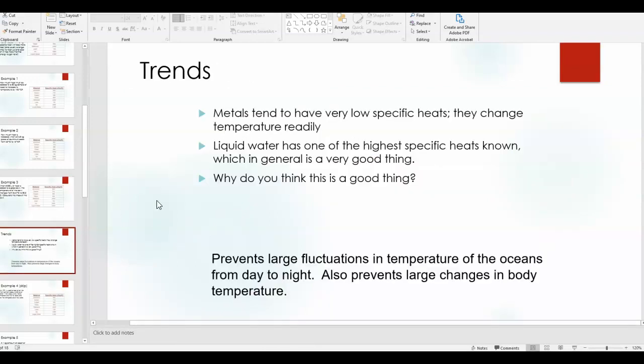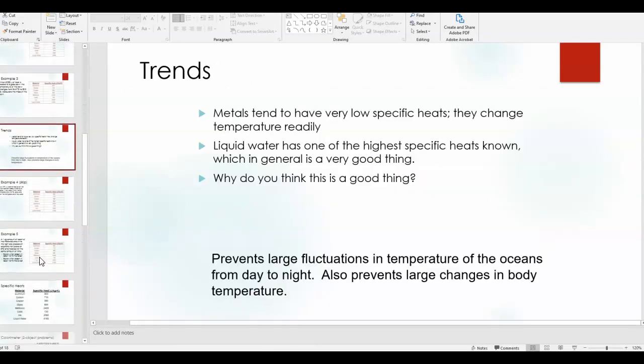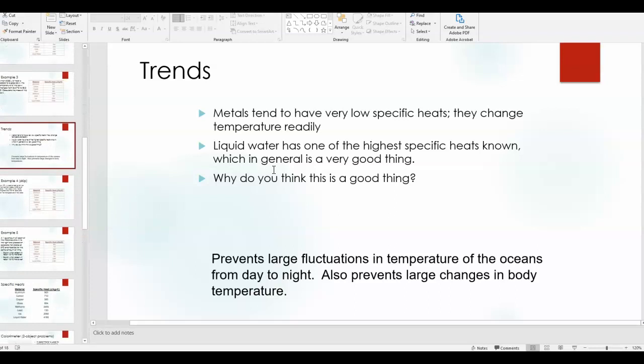Okay, so let's talk about something really quickly before we get to two object problems. Hopefully you notice that metals tend to have a very low specific heat value, meaning that they change their temperature really easily. One application where we use metals is in cooking.